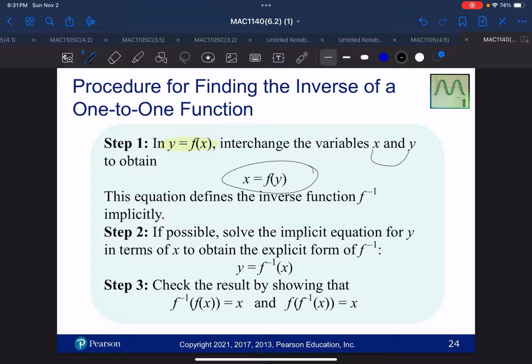And so this will give us the implicit version of the inverse function of f. So then in step 2, we can solve the equation for y. And then when we're done solving it for y, we can replace y with the symbol of the inverse of f. And then, of course, we can always check in step 3 that when we find the composition of those two, they are equal to x, just to check our work.